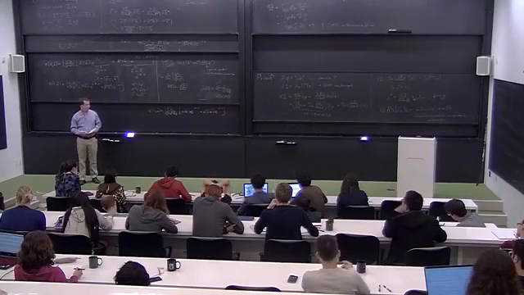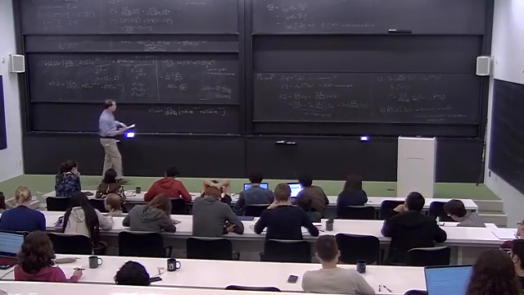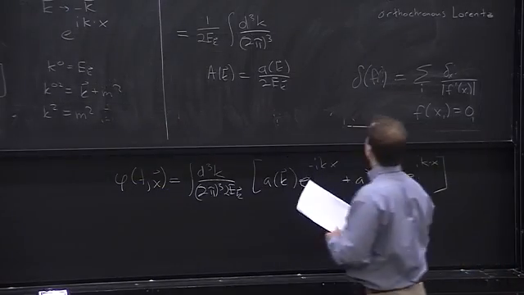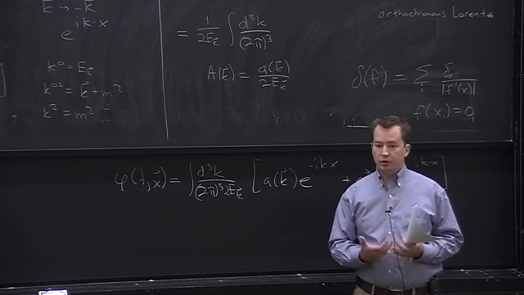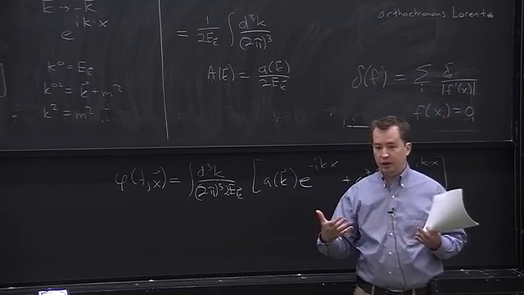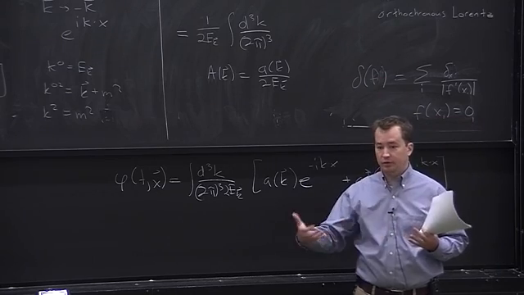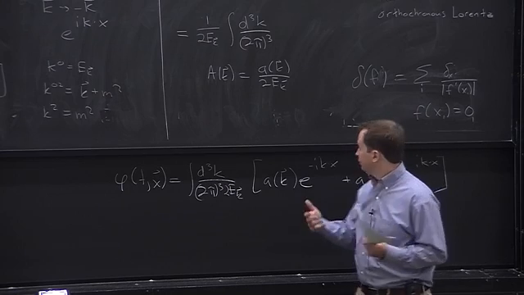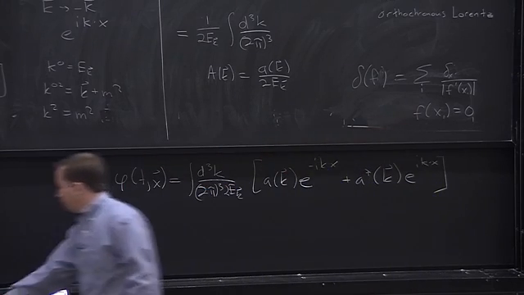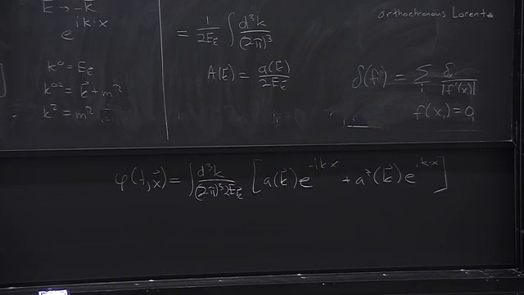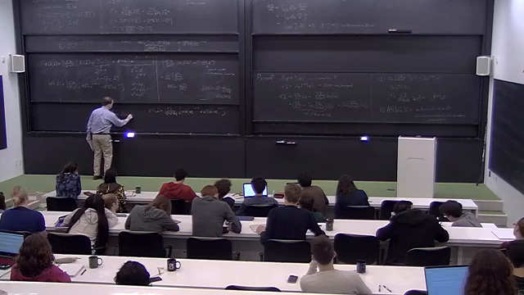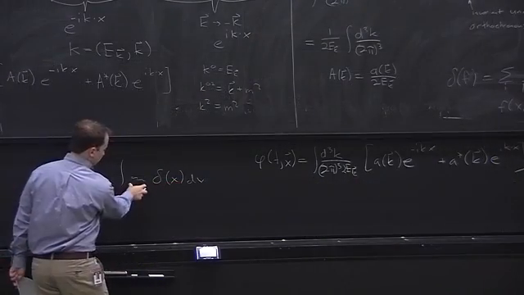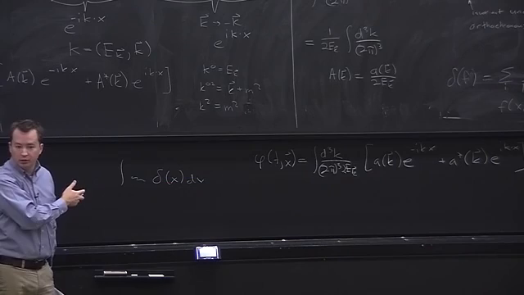Can you say that again? So the delta you think of as picking out whatever it's being integrated against. If we have the integral of something times delta of x dx, the delta picks out this thing at 0.